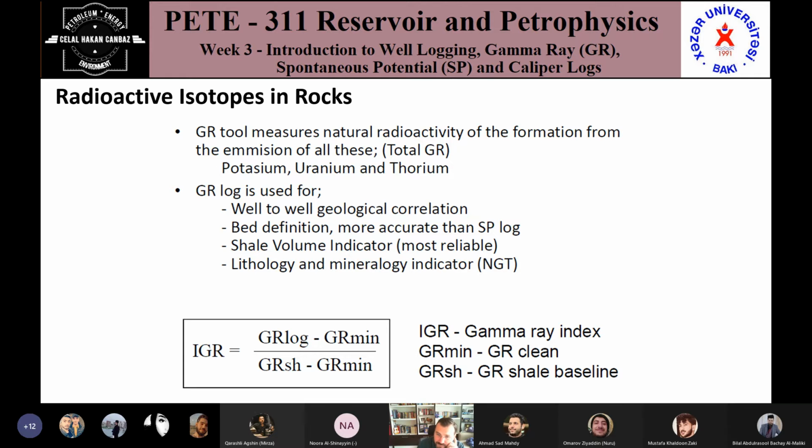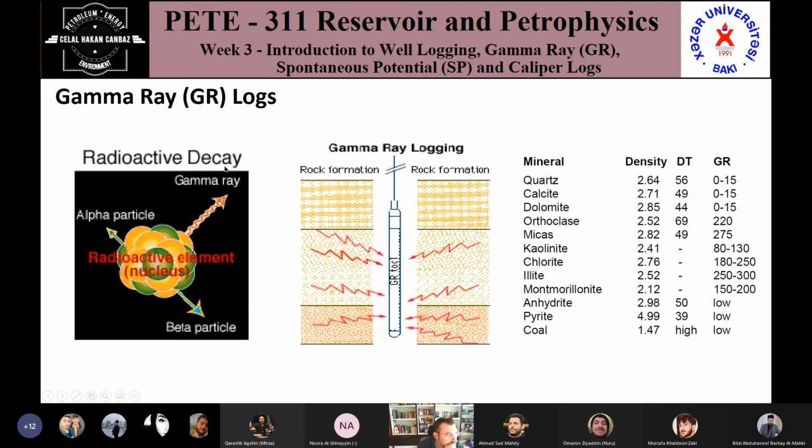So we said, what happens in here? There is a radioactive decay. When you are making your gamma ray logging, as you can see here, your tool is moving upward. Normally in resistivity, we were sending the signal and getting the signal back, right?